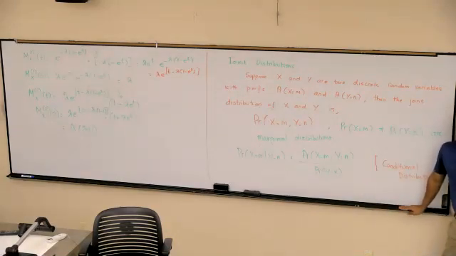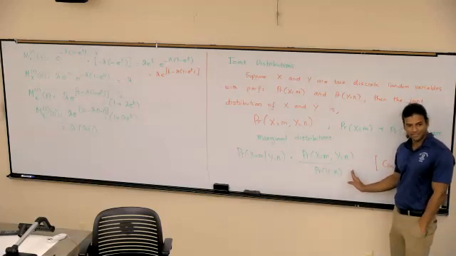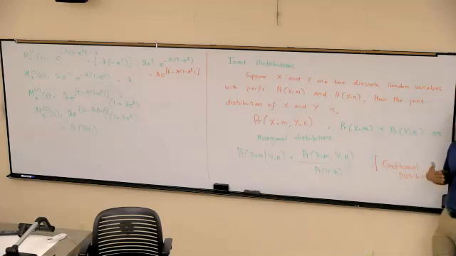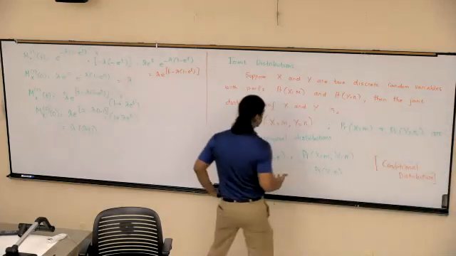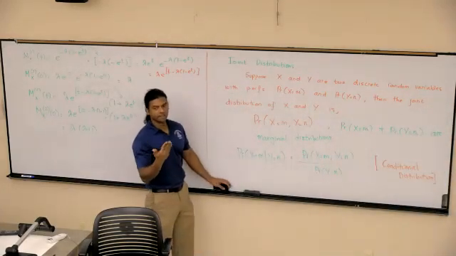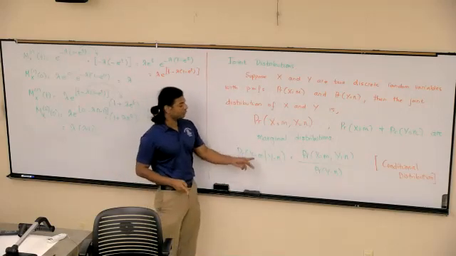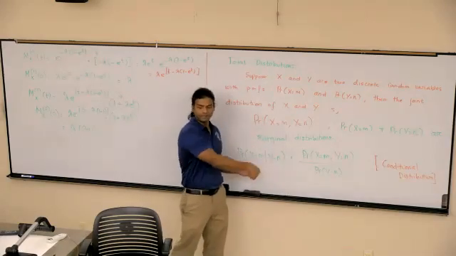Right, this is the definition of conditional probability, right? I'm just extending it to multiple variables. That by definition is what a distribution is. If you look at just one event, you have the probability of that one event.